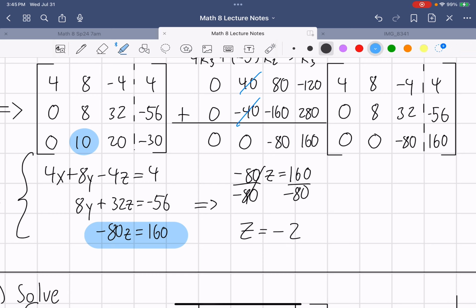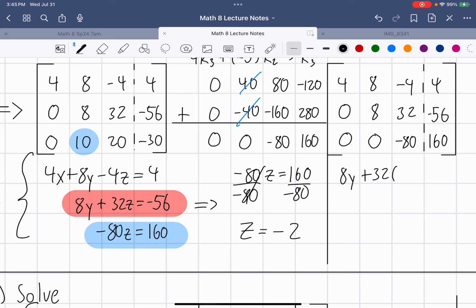And now if you look at your second row, since I know z, I can take my second row, which is 8y plus 32 times, and I can plug in negative 2 that I got for my z. And that should equal negative 56, right?